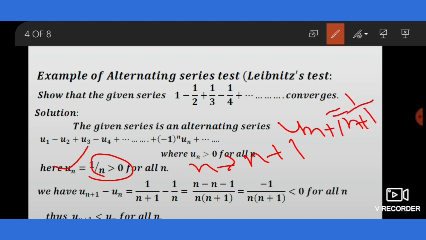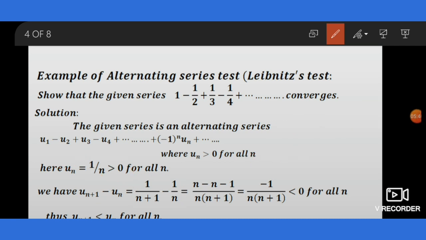Putting the values of un and un plus 1, un plus 1 minus un equals minus 1 upon n(n plus 1), which is less than 0 for all n.